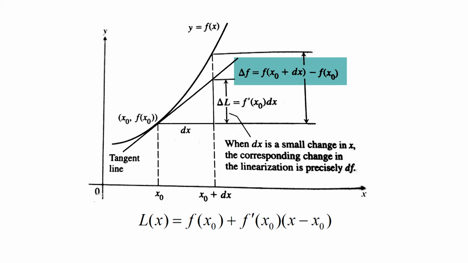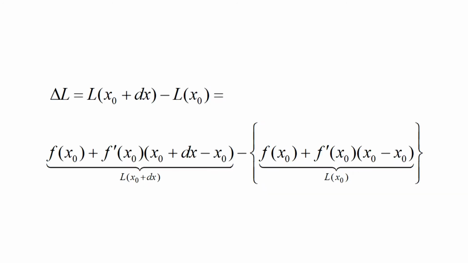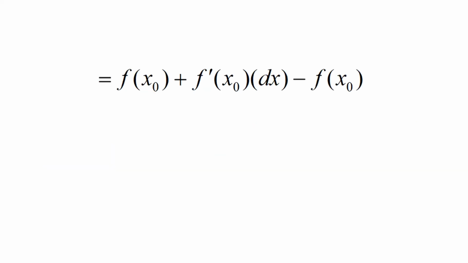The corresponding change in L is delta L is equal to L of x naught plus dx minus L of x naught, which is equal to f of x naught plus f prime of x naught times x naught plus dx minus x naught, we call it L of x naught plus dx, minus f of x naught plus f prime of x naught times x naught minus x naught, we call it L of x naught, which is equal to f of x naught plus f prime of x naught times dx minus f of x naught, which is equal to f prime of x naught dx.